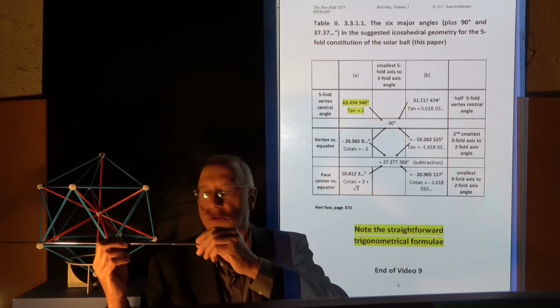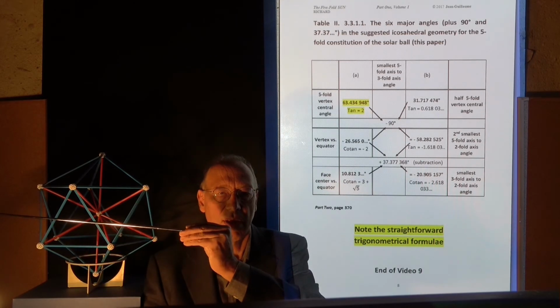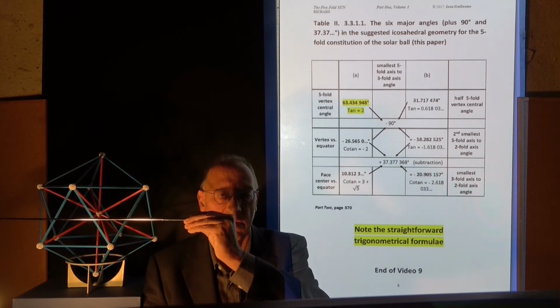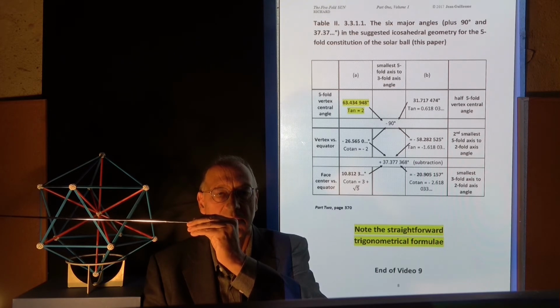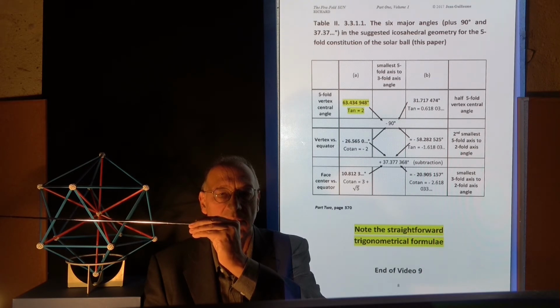If I now show an equatorial line for this icosahedron, you see any of the white dots that represent vertices in the toroidal region. In the upper set of 5 vertices in a northern hemispheric ring, they are at a central angle of 26.5 degrees versus the equatorial line.